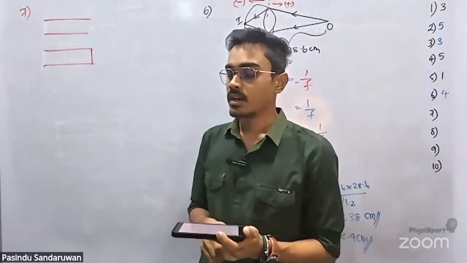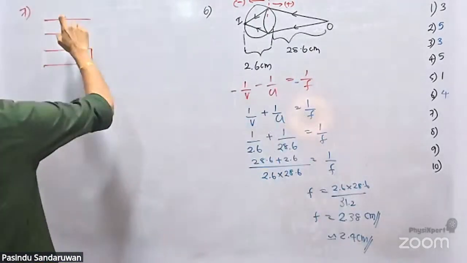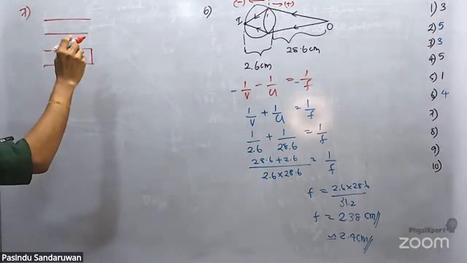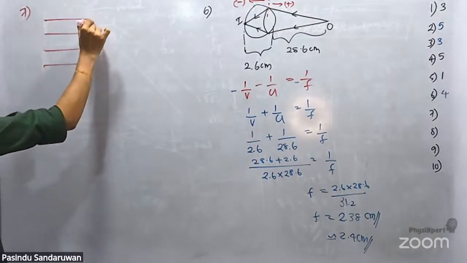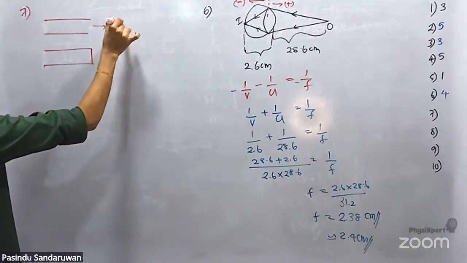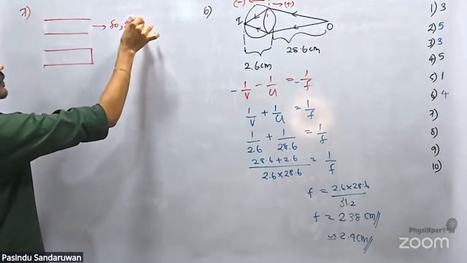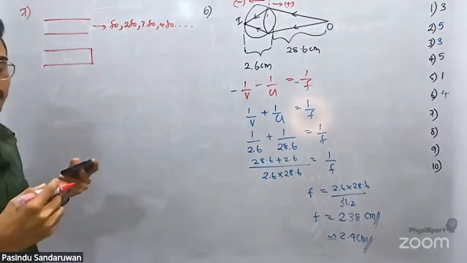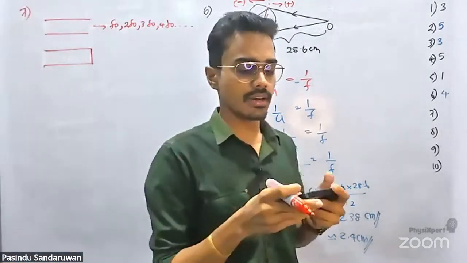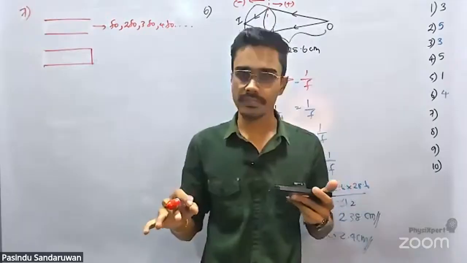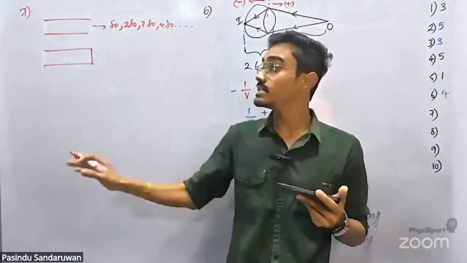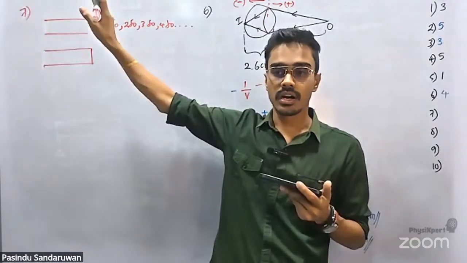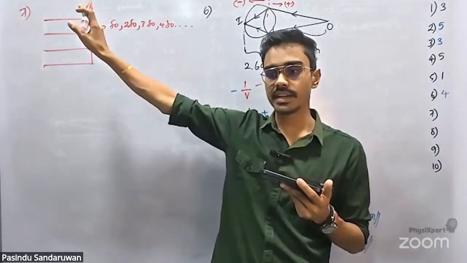In this scenario, the frequencies go as, starting from f naught, 2f naught, 3f naught, 4f naught. Likewise, there are resonance frequencies for any multiplier of f naught, and that is the same for both ends closed, both ends open tubes, or strings or wires.